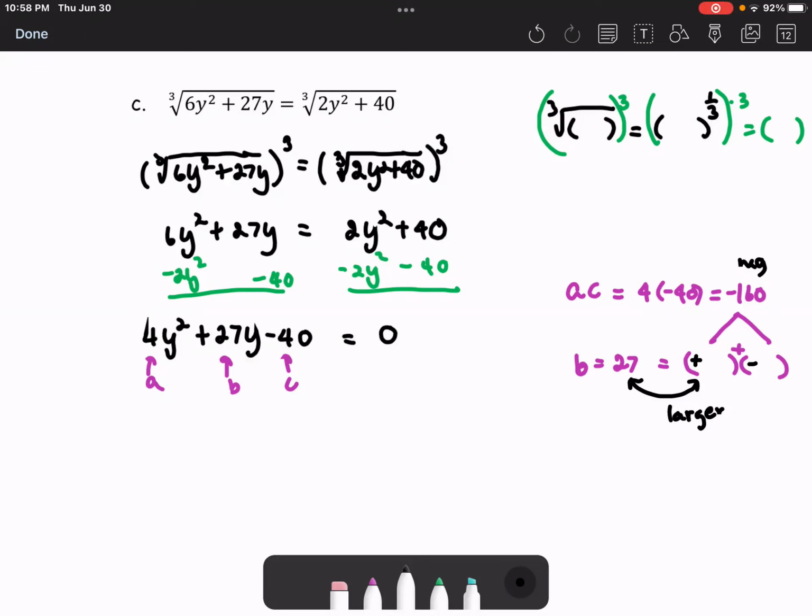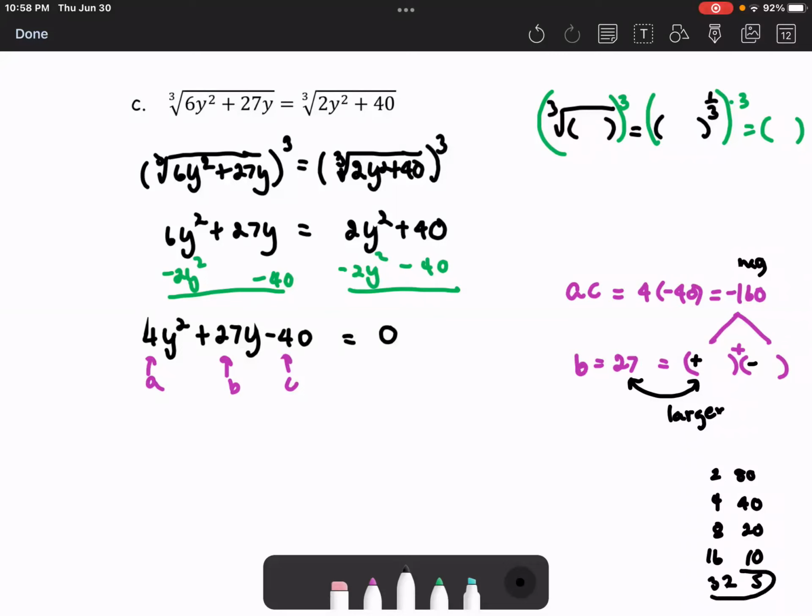Let's make a list of the pairs from the lowest number, like 2 and 80, 4 and 40, then 20 and 8, and 15 and 10, 32 and 5.